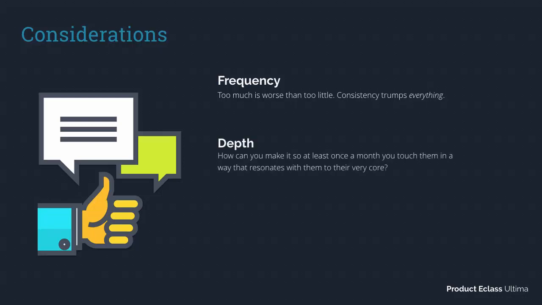I always think in depth. I want at least one time a month in my continuity program, because if I'm billing them once a month, which is usually the case, how can I make one of my touches per month resonate down to their very core? So every month they're reminded and thankful that they have the ability to be in my continuity program.